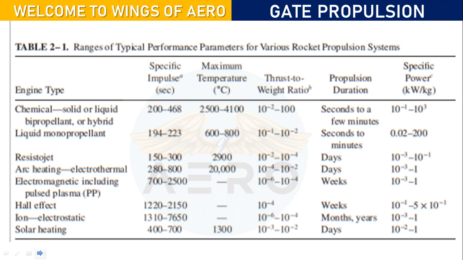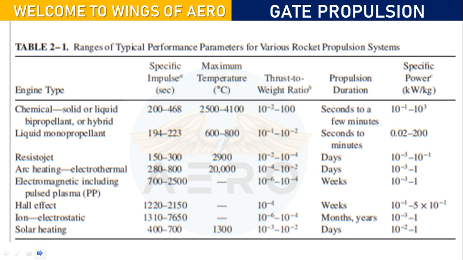If you have ion, then ion goes to first priority, then comes the Hall. Next will be your electromagnetic thrusters, second. Third will be your electrothermal thrusters. Are you noting down the points?